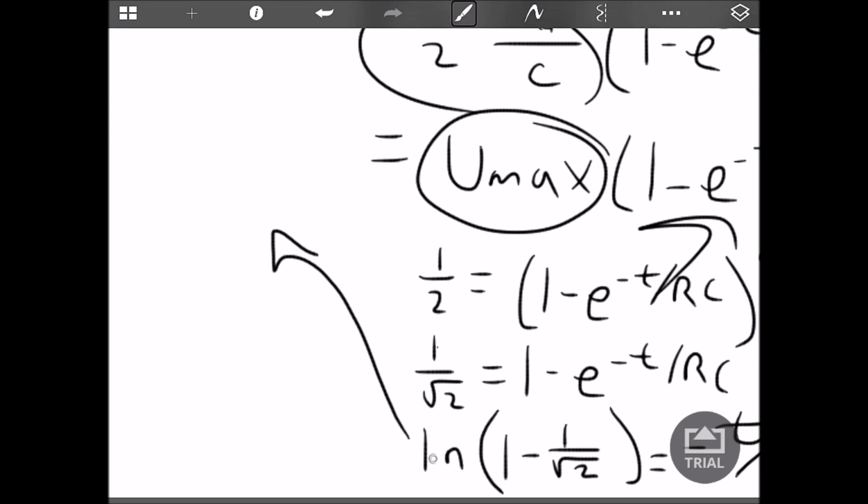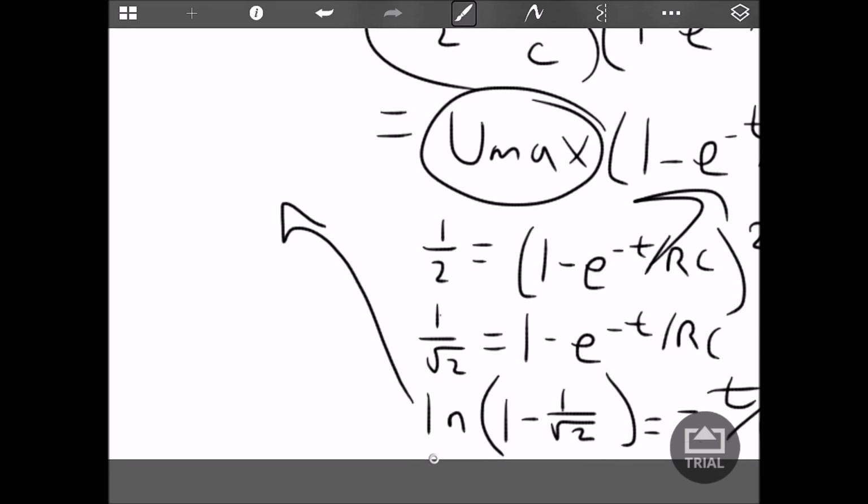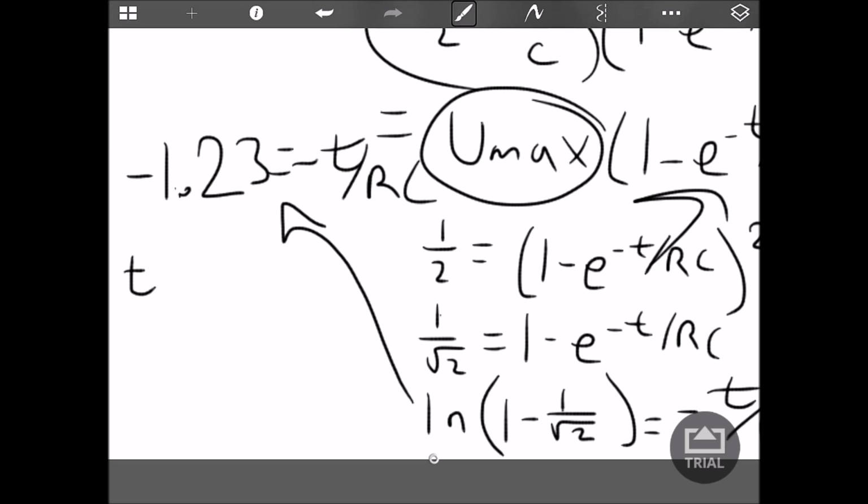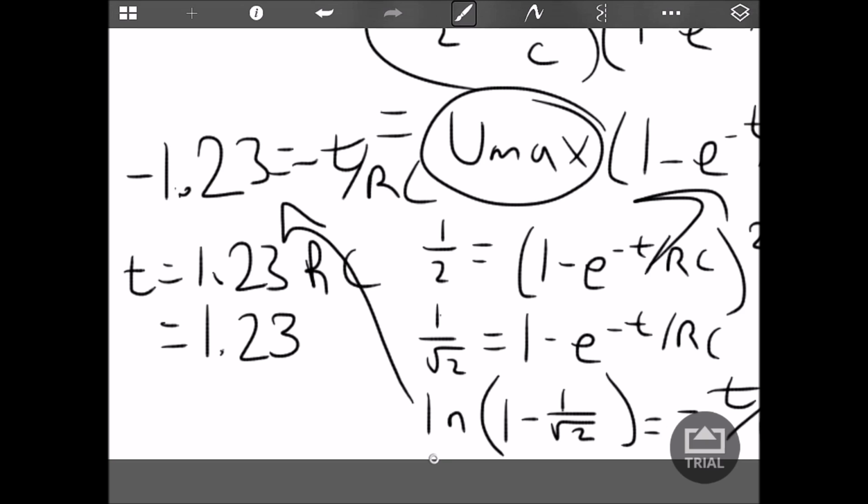And once you evaluate this, you get negative 1.23 equals minus t over RC, and so t equals 1.23 RC, or 1.23 of our time constant. And that's our final answer.